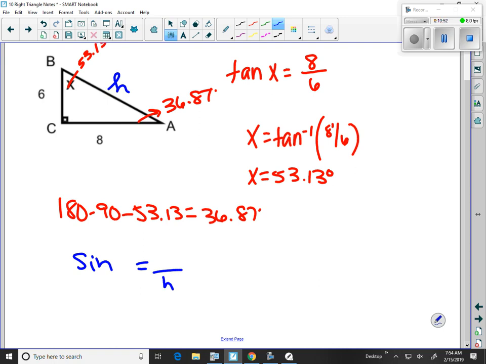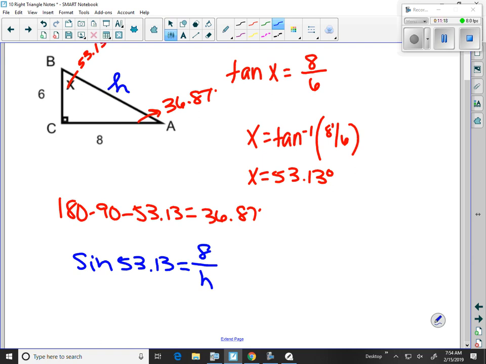We just have to know what angle we're going to use. So if I do sine, it would be opposite over hypotenuse, right? So if I use this angle here, sine of 53.13 equals opposite 8 over our hypotenuse.